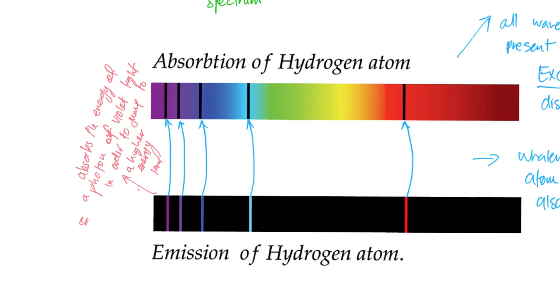For example, it would move from n is equal to 2, and it would jump to n is equal to 6. And that is how you get that little dark band over there. So your wavelength for violet light, we know, is around 410, and it's being absorbed by the electron, and therefore it does not pass through the cold gas.